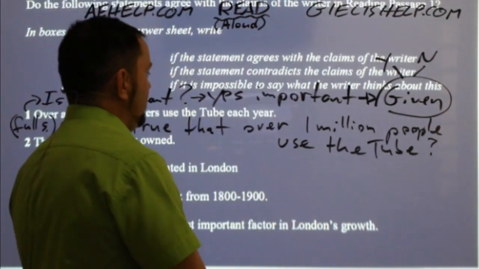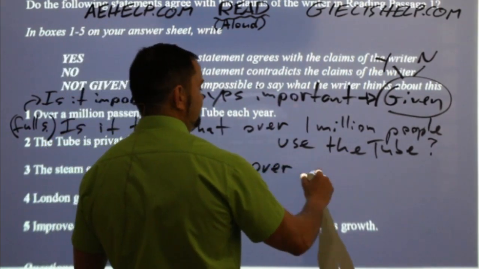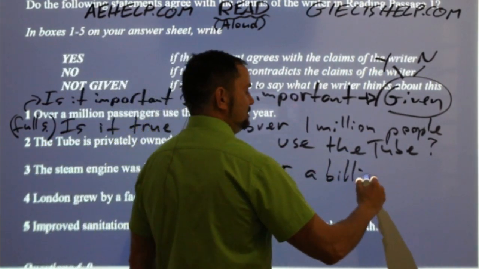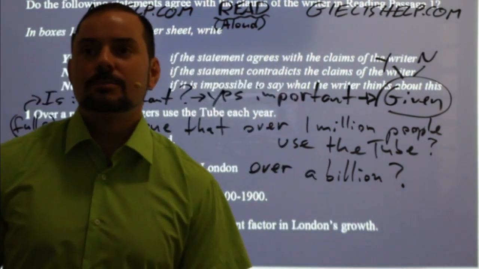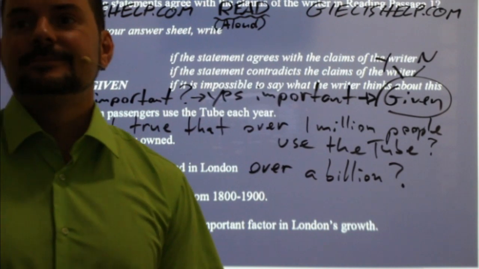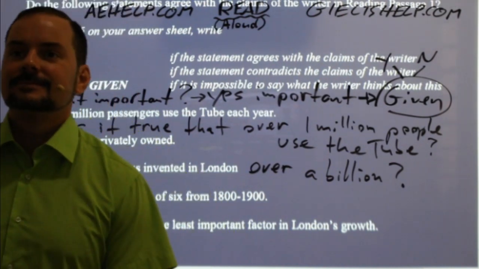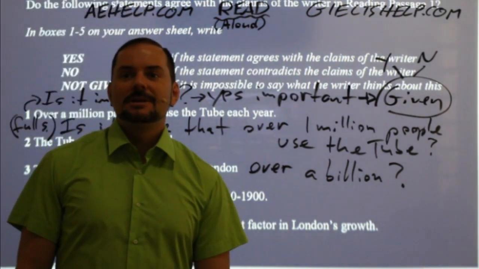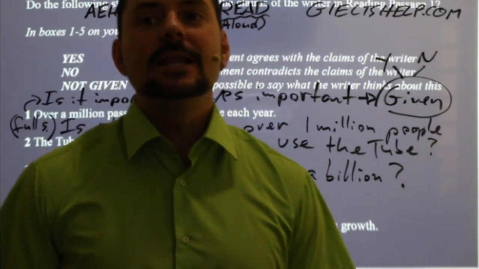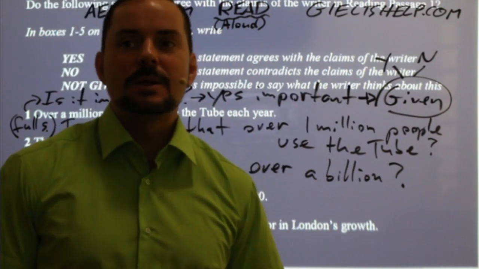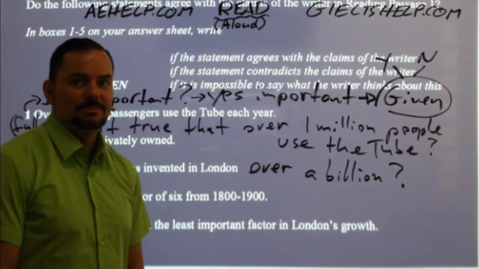Is it over 1 billion? Just for fun, is it over 1 billion people that use the tube each year? Heman says 1.3 million. It's 1.3 billion, students. 1.3 billion, not 1.3 million, 1.3 billion. At the beginning of the passage.